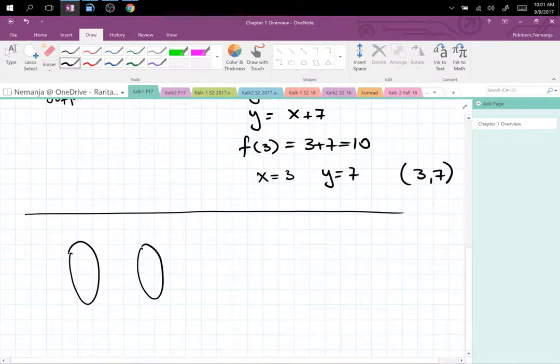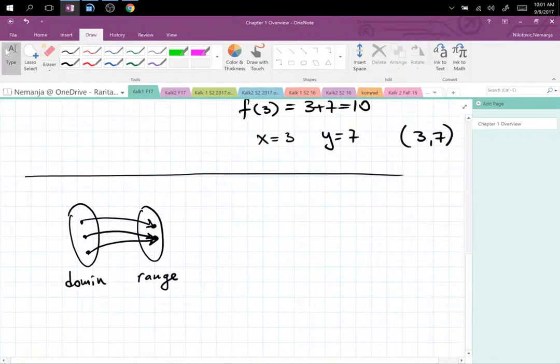When each member from the domain, which is the input, maps into a single output, which is the range, we have a function.